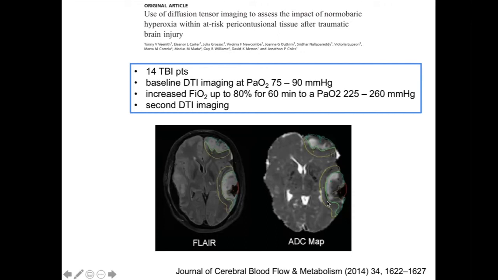It's highlighted here. The patient received 2 images. The first one with the basic condition of hemorrhage, as we usually have in ICU. Then the patient underwent 60 minutes of hyperoxia to these values, and then they underwent a second scan.